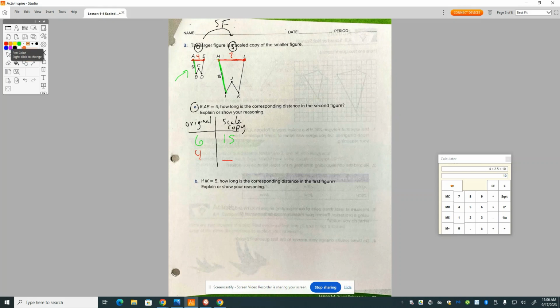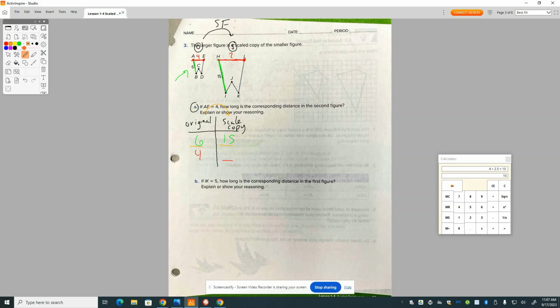Now, just like we covered on the page before, we know that there exists a scale factor that multiplies my original distances to equal my corresponding distance of my scaled copy. So I could go ahead and focus on that value of 6 and say, okay, what can I multiply 6 by to be able to equal 15?